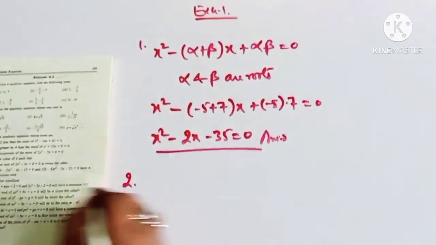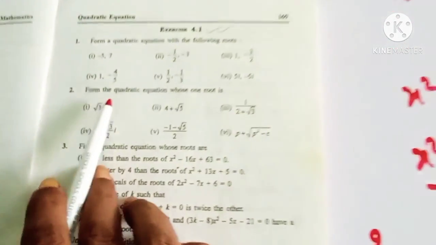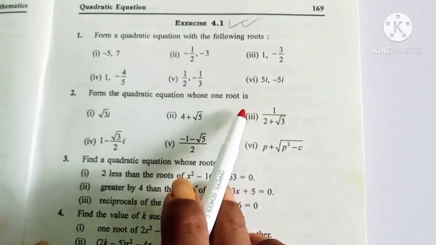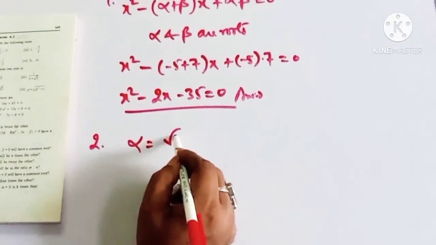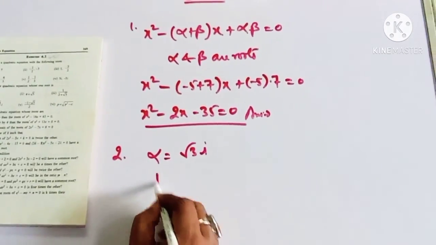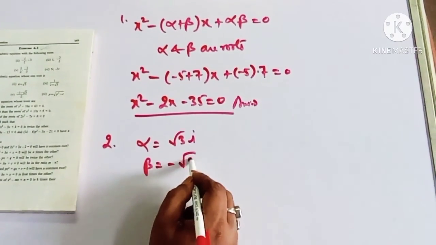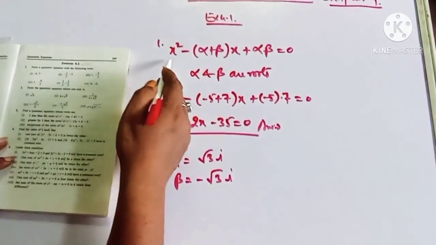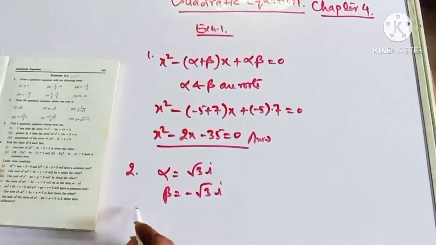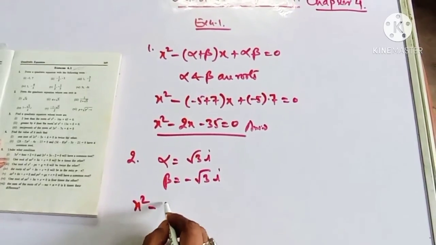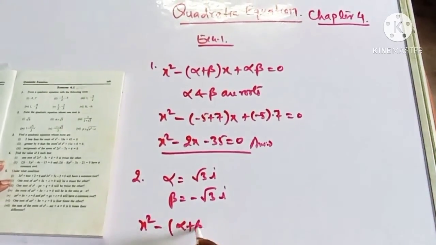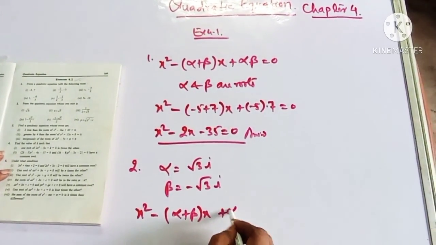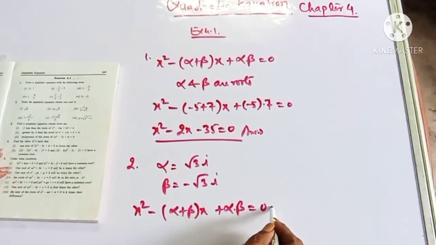Now I am going to the second question, that is form the quadratic equation whose one root is given. One root, alpha, is given to you: root 3i. So beta will be minus root 3i. Again I will take the same formula, x square minus alpha plus beta into x plus alpha into beta equal to 0.